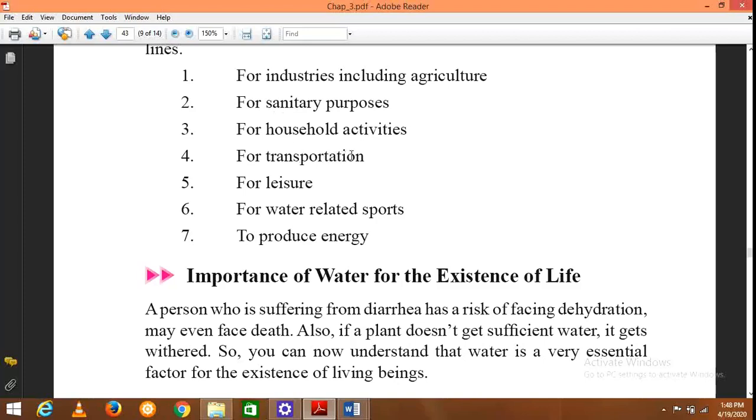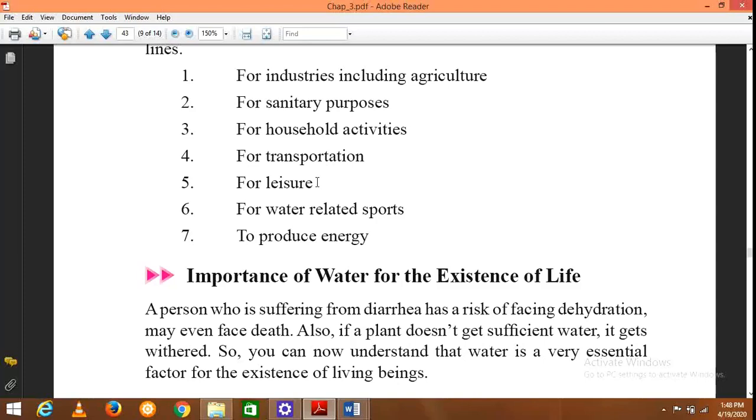Then transportation. In the world, water is used as a good mode of transportation, for the transportation of people and goods, and as you may have seen, the logs of wood are transported along rivers.